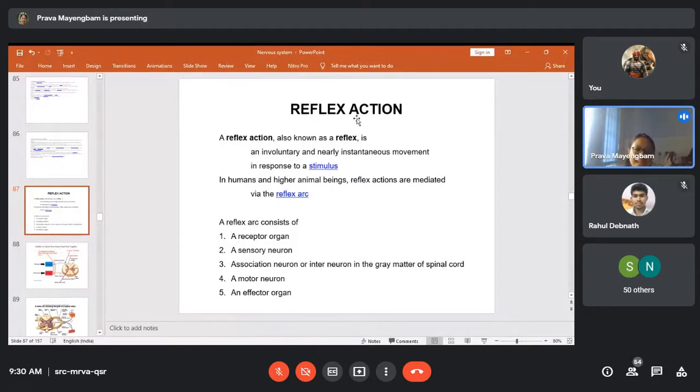The reflex action is also known simply as a reflex. You must be knowing reflex. What is reflex? How do you define reflex?